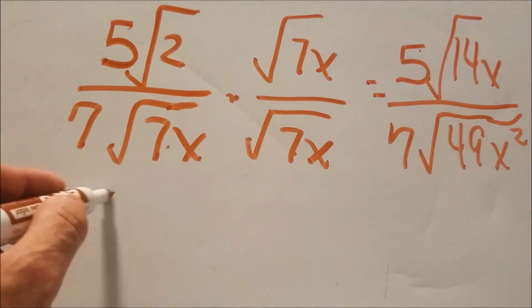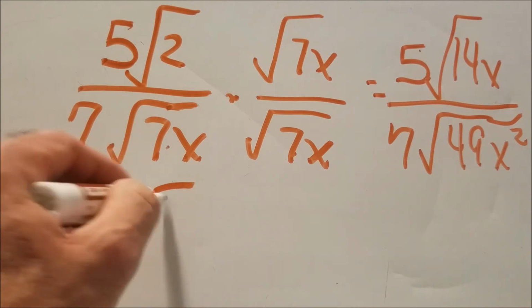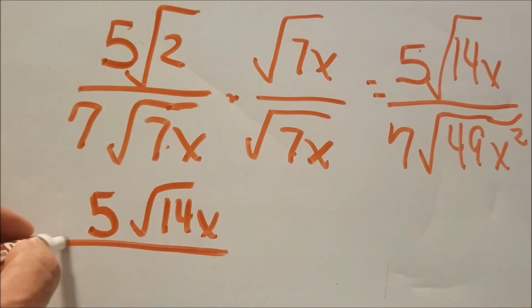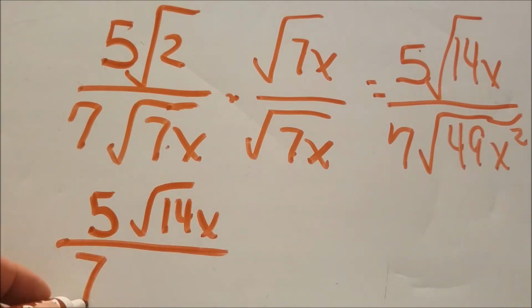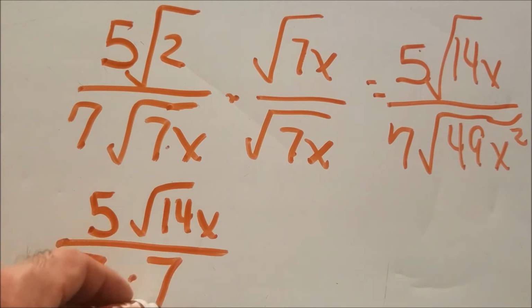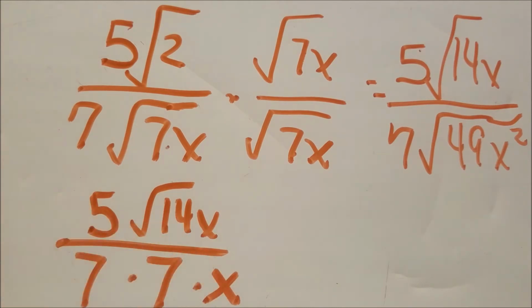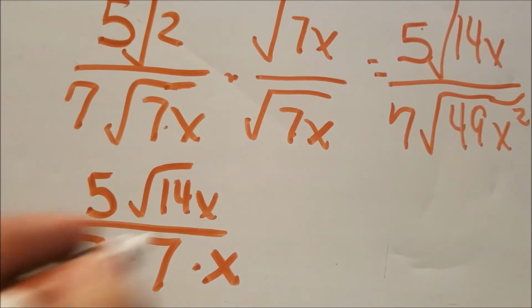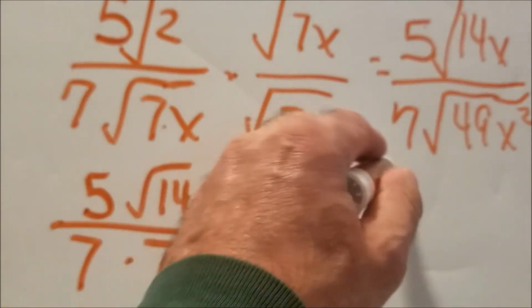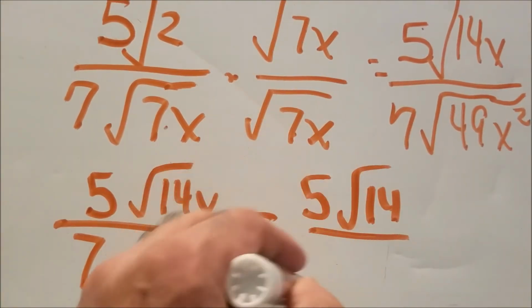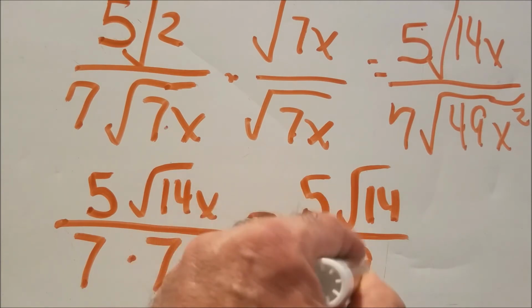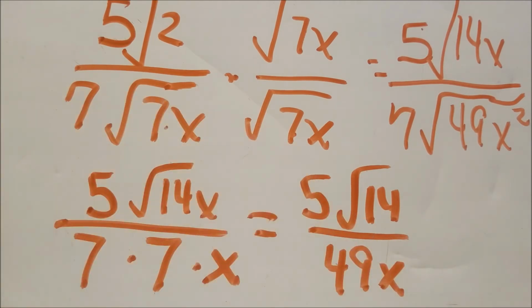So we're going to have 5 square root of 14x over 7 times 7 times x. And the final answer will be 5, the square root of 14, over 49x. So that's if we had a variable in the denominator.